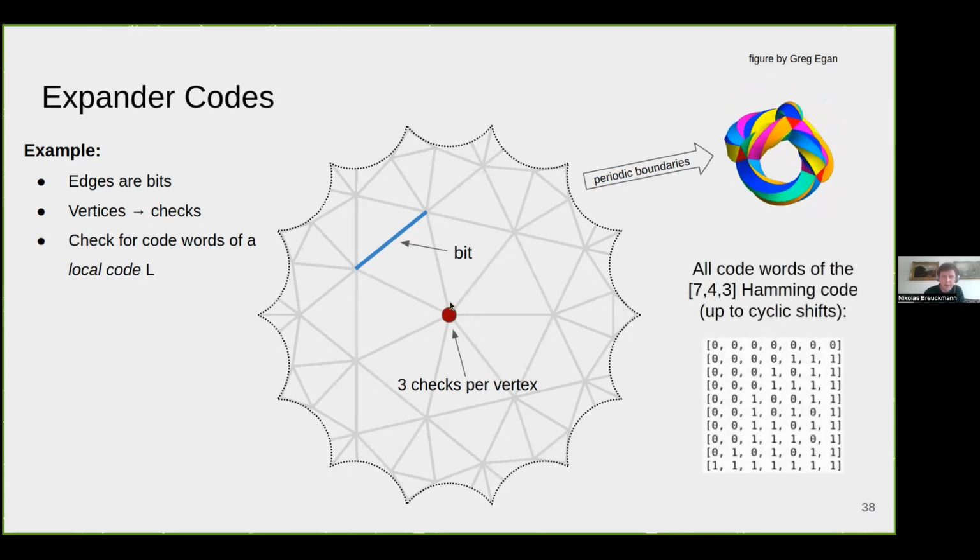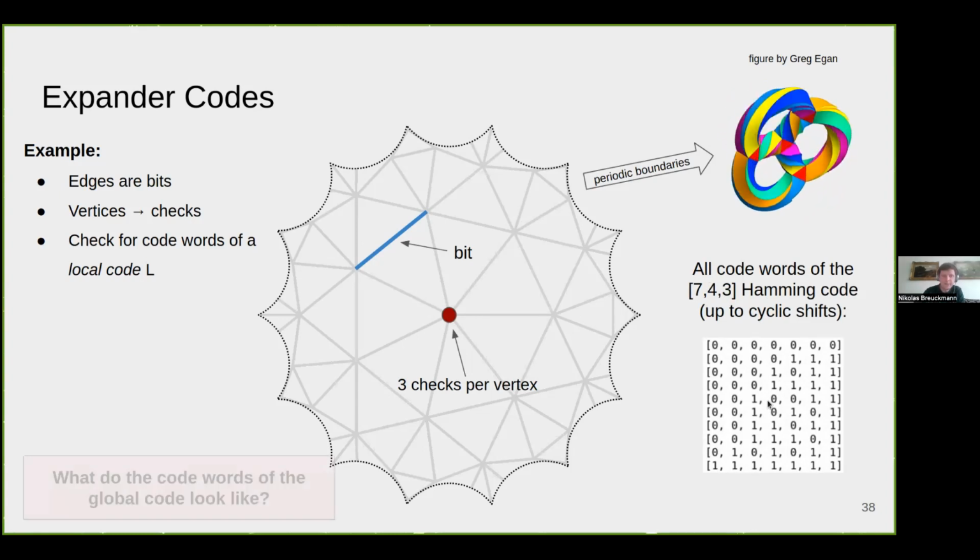However, instead of just checking the total parity, as we did for the toric code, where we just look at the incidence relation between a vertex and all its edges, we check for code words of a [7,4,3] Hamming code, and these are all the code words which are symmetric under cyclic shifts.